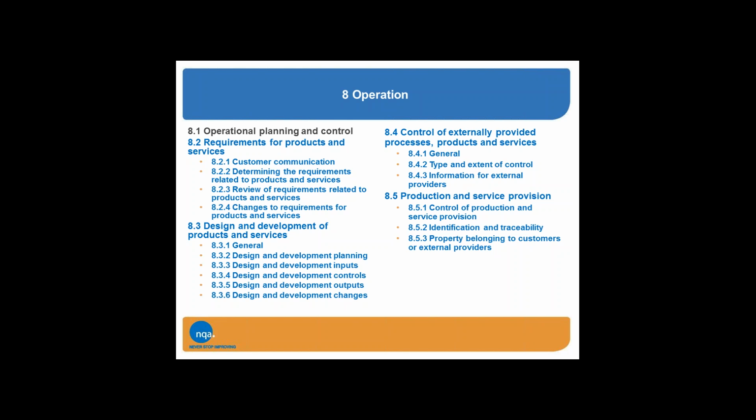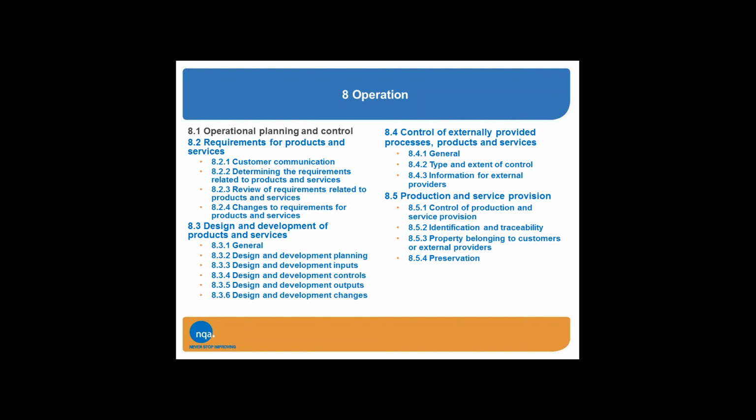Well, we're familiar with the requirement, I would suggest, for customer-owned property, but the 2015 standard reminds us that with our external providers, there may be some implications there that we need to consider for their property.